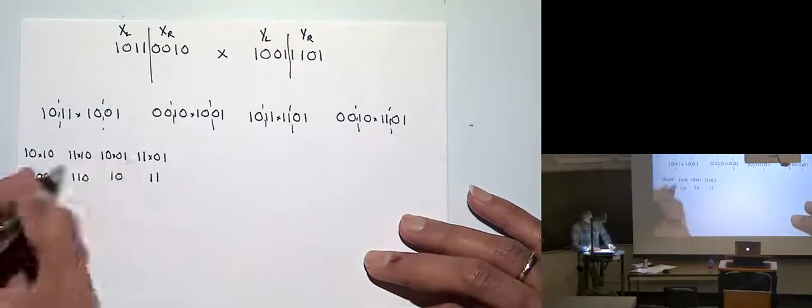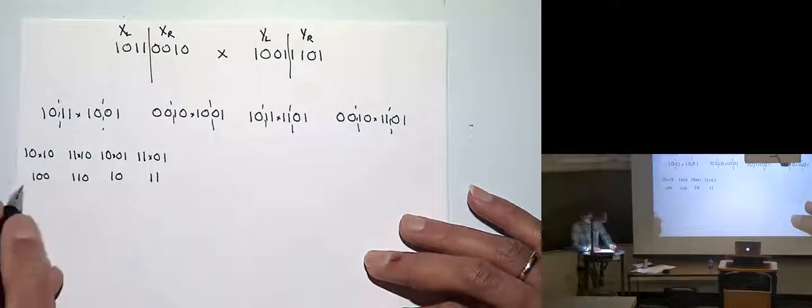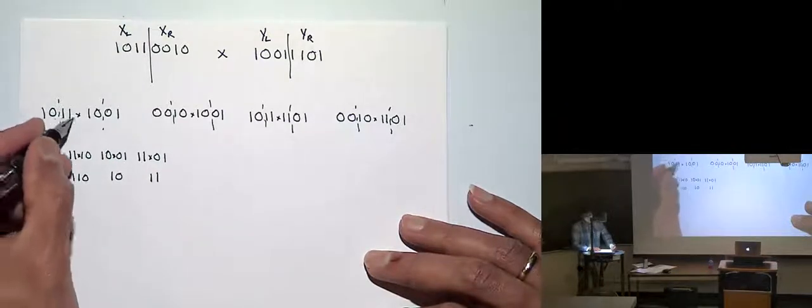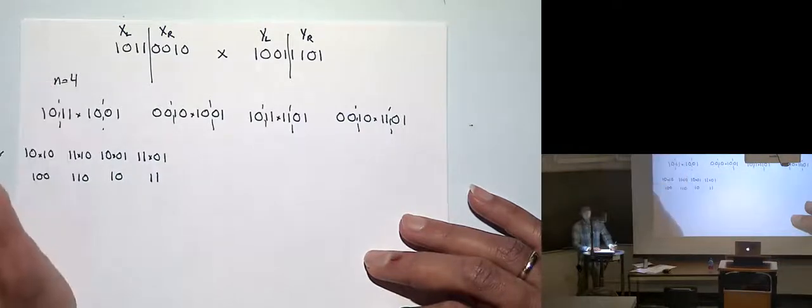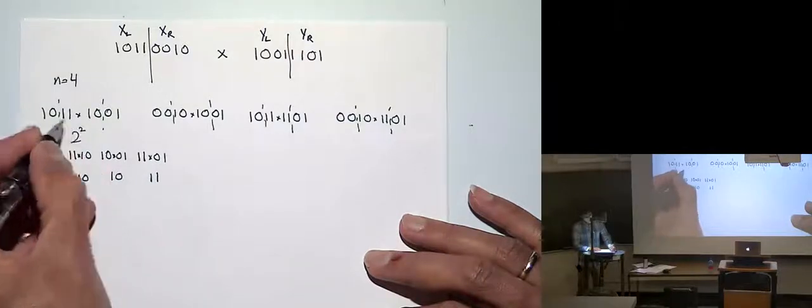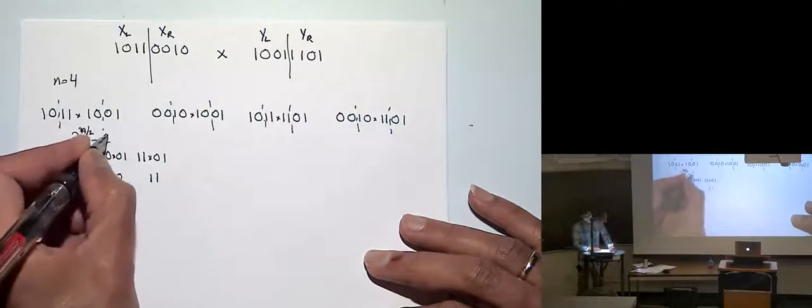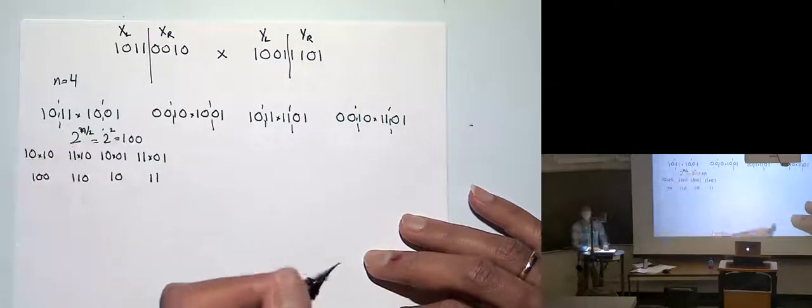Now to combine these, we multiply this by, so here n is equal to 4, and so you have 2 to the 2. 2 to the n over 2 is equal to 2 to the 2, which is 100.